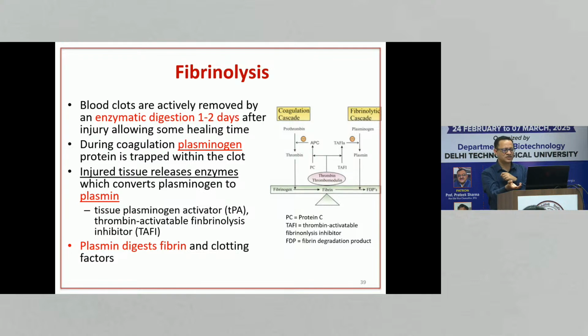Now, this is another interesting thing: during coagulation, plasminogen protein is trapped within the clot, and then slowly plasminogen gets converted to plasmin, and this plasmin can digest the clot and fibrin.